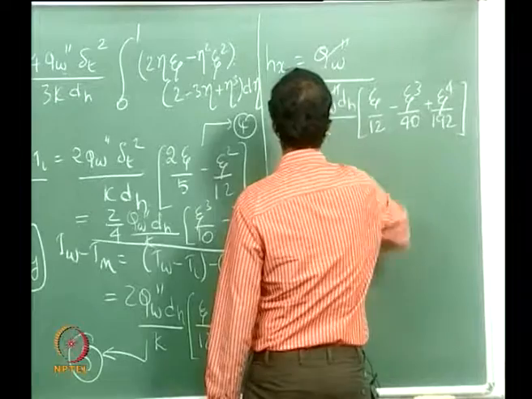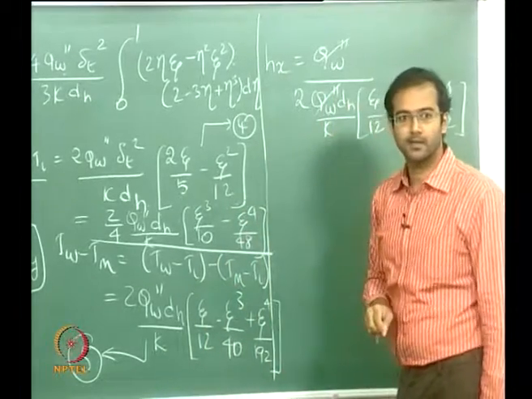So my Qwall double prime cancels here. Now I can directly get the expression for Nusselt number.